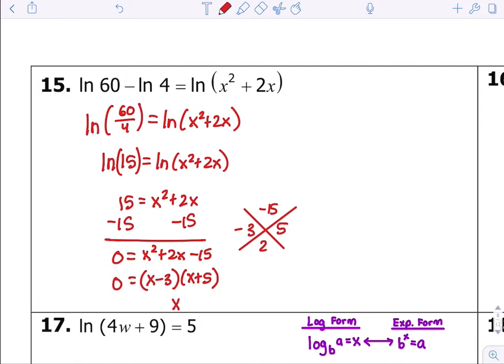So that means x is going to equal 3 or negative 5. So let's plug them in to make sure. If we plug in negative 5 into here, it's going to be 25 minus 10, which is positive. So negative 5 is going to be good. And if you plug in 3 into here, it's going to be 9 plus 6, which is also 15. So both of those answers seem to be good. So this is your answer.